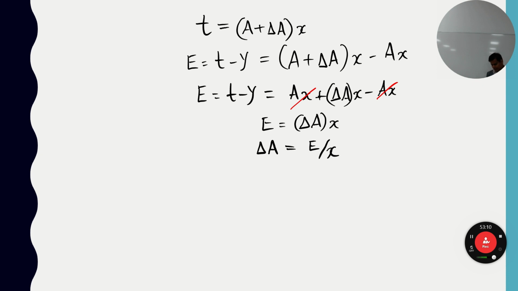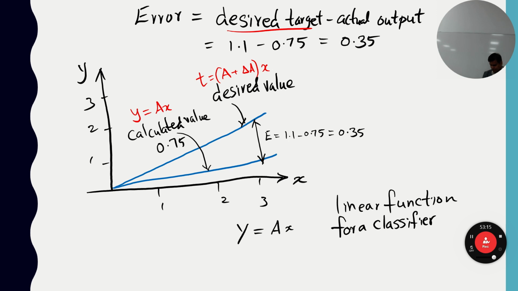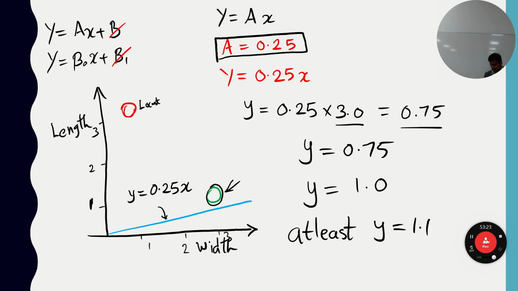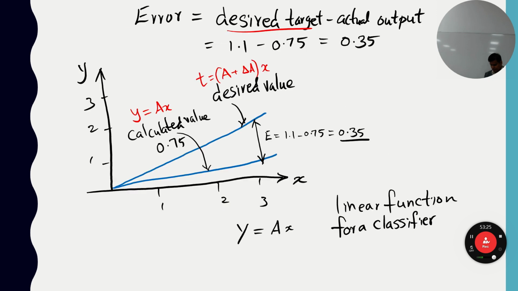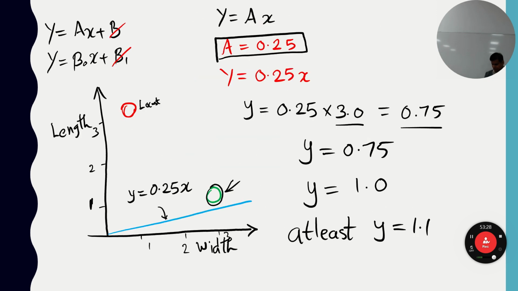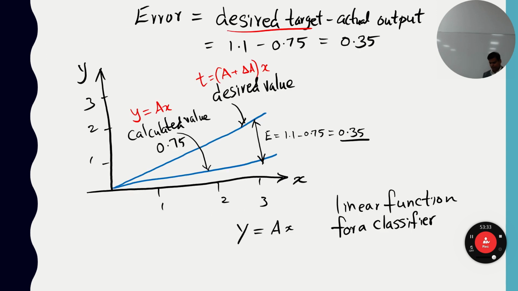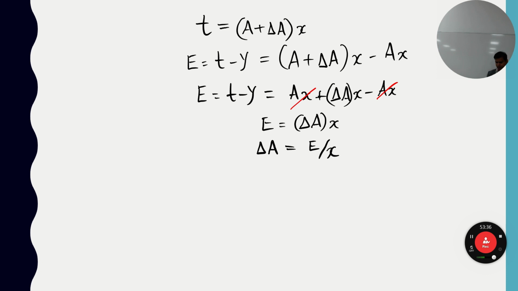Okay, let's go back again. How about the error? Initially the error was 0.35, right? If you look back again, the error was 0.35 for the given input, 3.0 width, right? So just keep that in mind. With this in mind, we can consider delta A equals, what is the error? Error is 0.35.